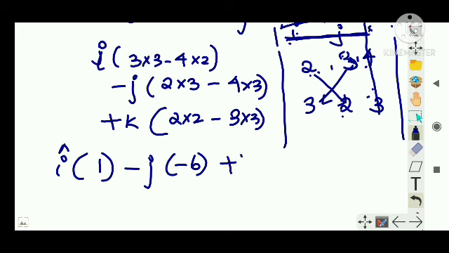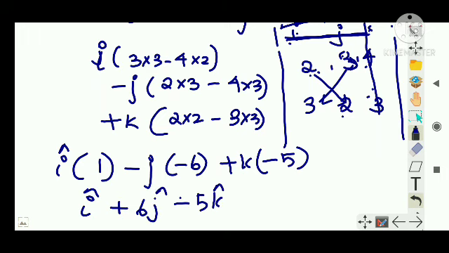Then plus k into 4 minus 9 is minus 5, right? Or I can write it as i cap plus 6j cap minus 5k cap. That is the answer for A cross B. Clear? Easy. Just take your time, guys, and try to do it by yourself. You just have to keep some terms as they are.